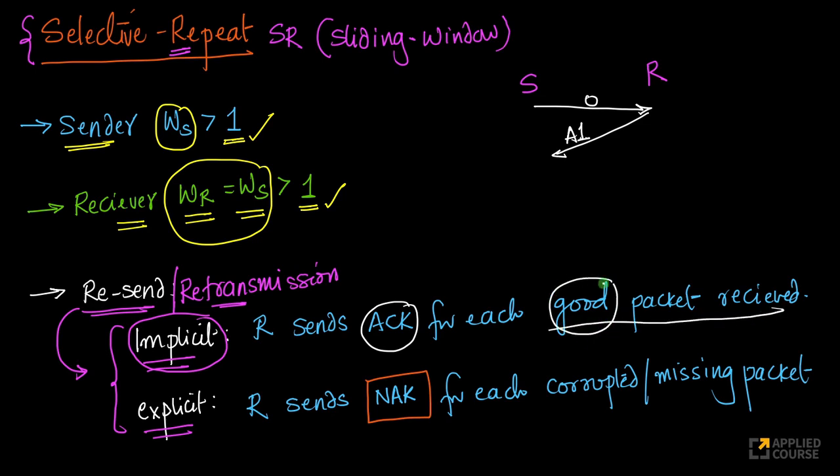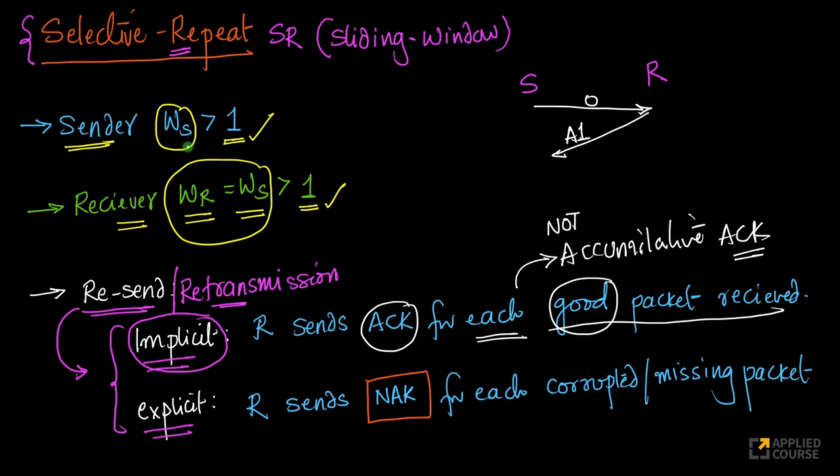Look at the keyword here: for every good packet that it has received, it sends an acknowledgement. So this is no more accumulative. This is not accumulative acknowledgements.